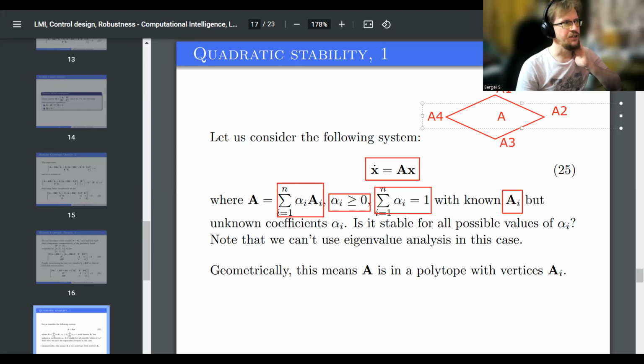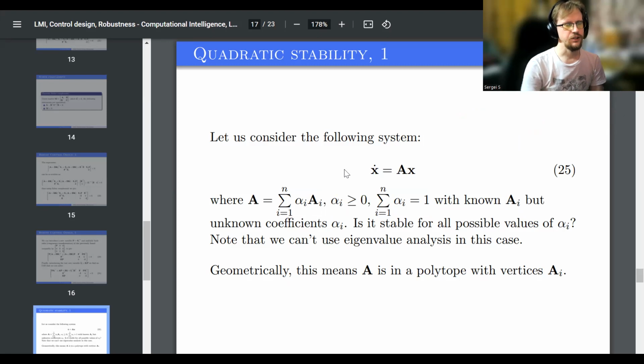So this is not if and only if when we're talking about Hurwitz stability. If we can find a single Lyapunov function that proves stability of all of those systems, we've proven Lyapunov stability, and this is called quadratic stability. If it is impossible to find a single Lyapunov function that proves stability of A1, A2, A3, etc. at the same time, it means the system is not quadratically stable, but it doesn't imply that it is unstable in terms of Lyapunov. So this is a stricter condition, quadratic stability.